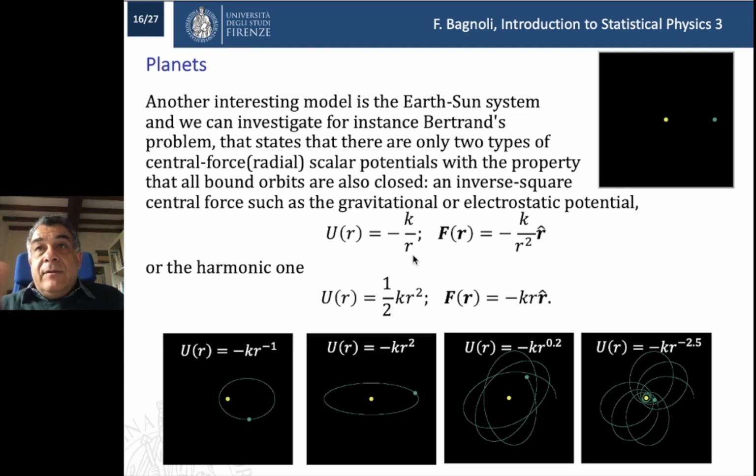All the rest give rise to kind of rosettas, and the only two are the classical planetary motion, so a force that depends on the inverse square of the radius, and the harmonic oscillator, so forces that depend on the first power of the distance. All others give rise to rosettas. So we can check it numerically.